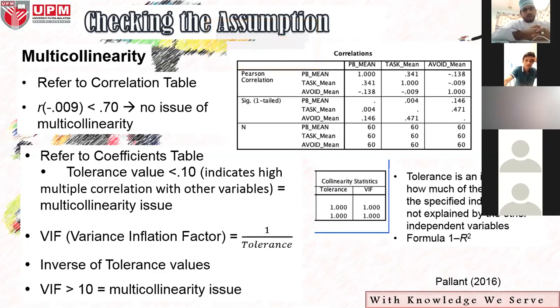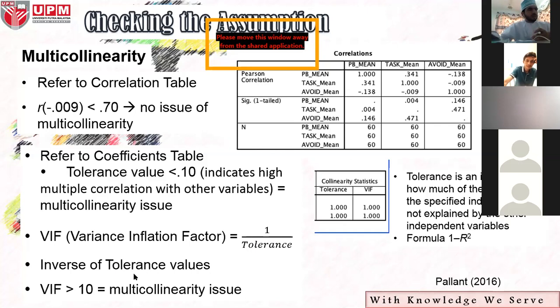Understand? Okay, so for VIF, variance inflation factor, how to calculate it, this is the equation: 1 divided by tolerance, in which it is the inverse of the tolerance value. A VIF larger than 10 equals a multicollinearity issue.